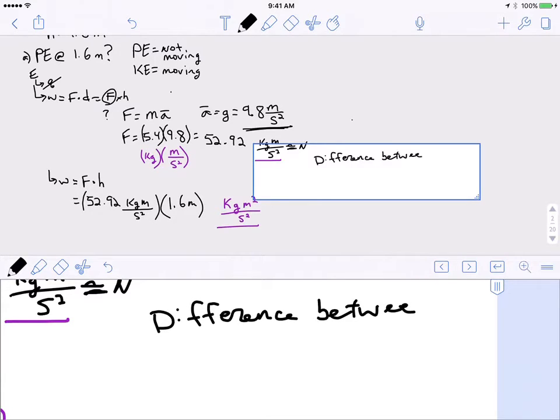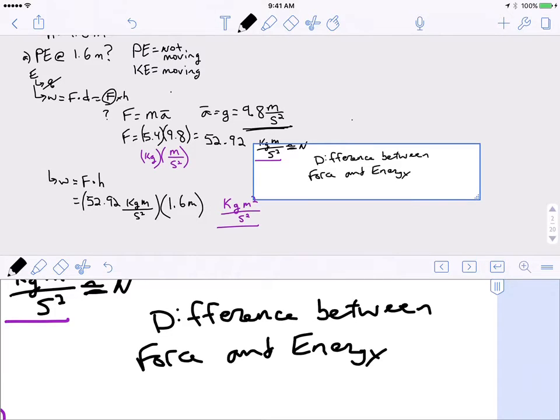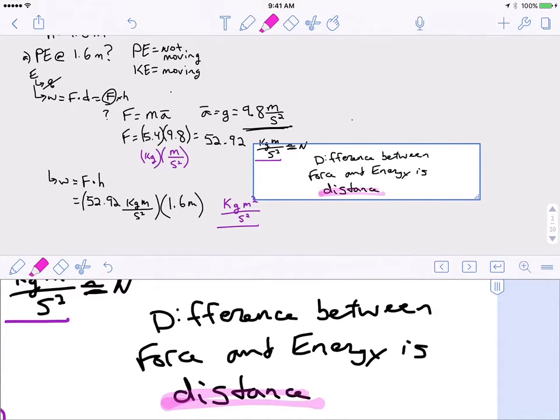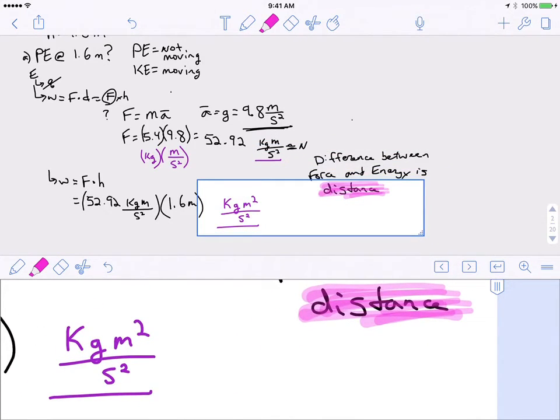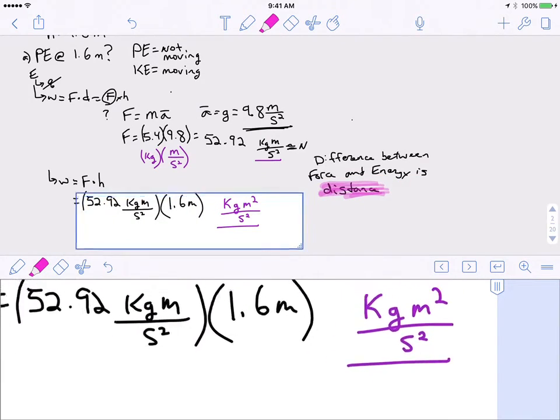The difference between force and energy is distance. Something to remember. Hint, hint, for the quiz on next Thursday. If you want to remember that for the quiz, that might be useful.